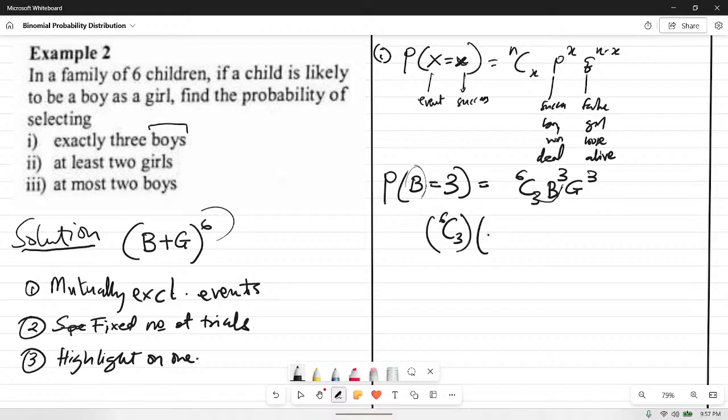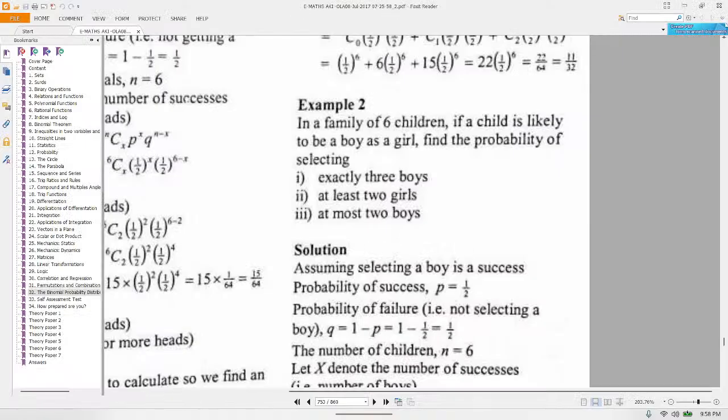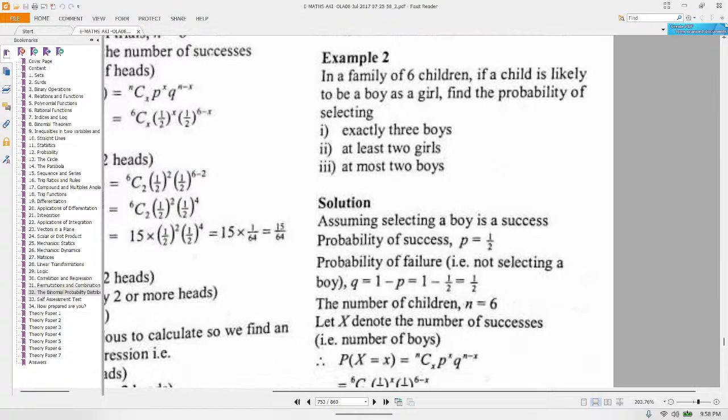What's the probability of boys? Now let's do the probability of boys. The answer is going to be half, because they say that if a child is likely to be a boy as a girl, it means your chance of being a boy is the same as your chance of being a girl. Let's look at the explanation they have over here. Yes, it's half.